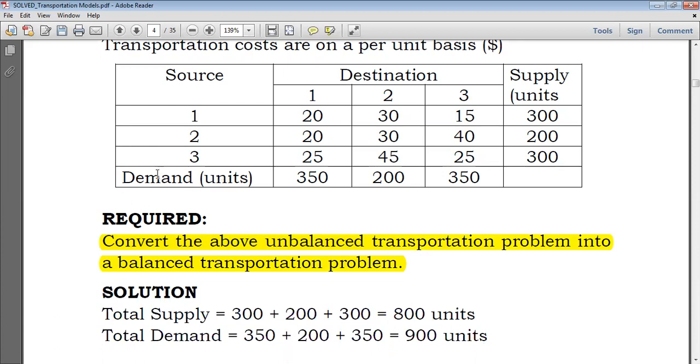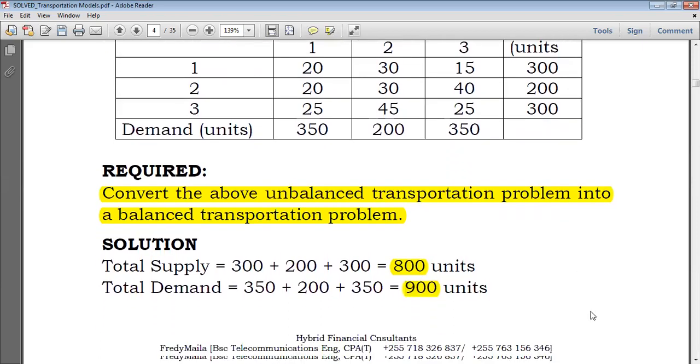As usual, we check total supply and total demand. Total supply right now is 300 plus 200 plus 300, which gives you a total of 800 units. Then total demand is 350 plus 200, that is 550, plus 350, that gives you 900. So our demand exceeds supply by 100 units.